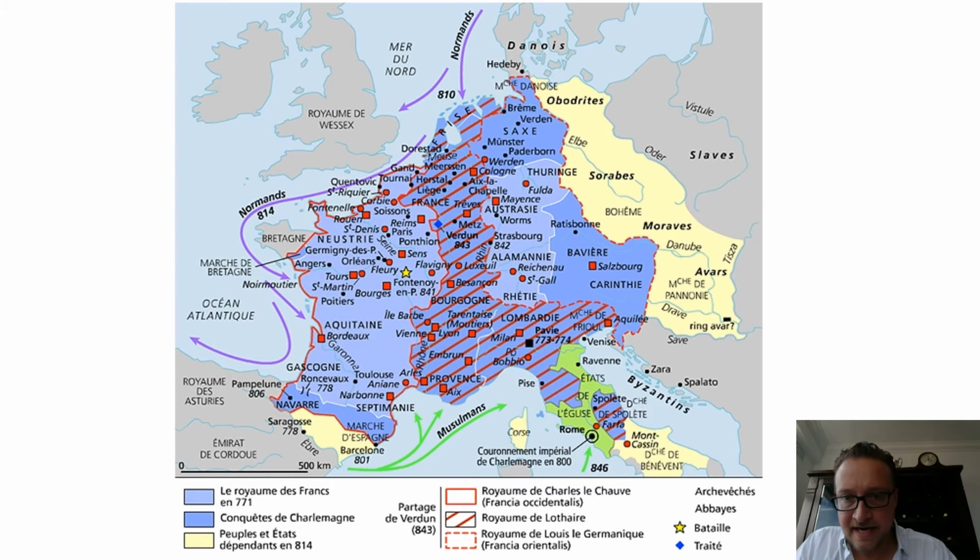One, as you can see here in this map, are the Normans, putting pressure from the north and causing havoc on various metropolises on the coastal sites of Europe, going as far as Byzance.